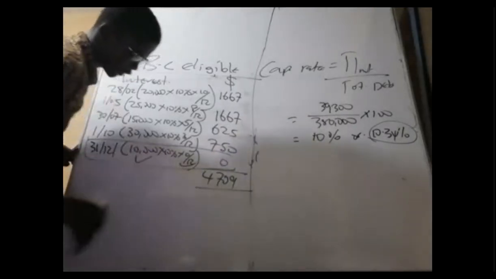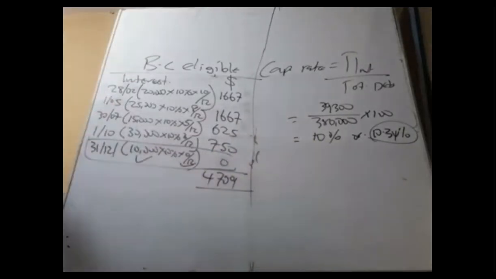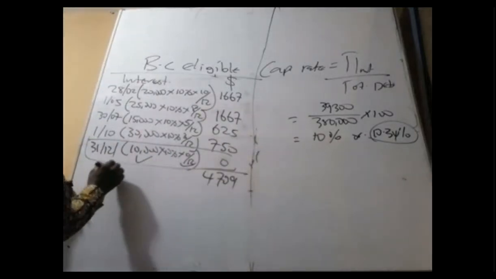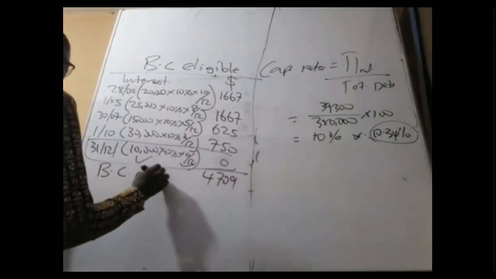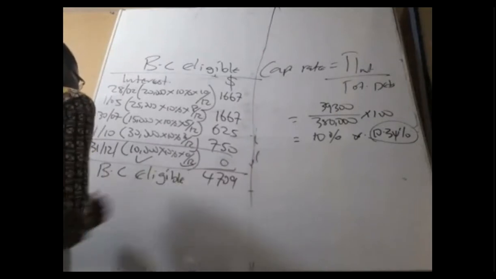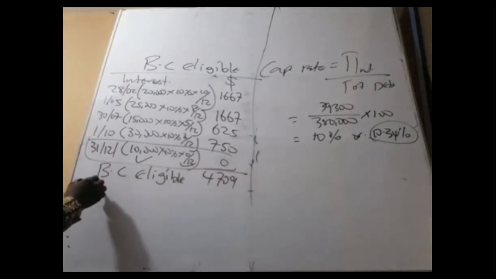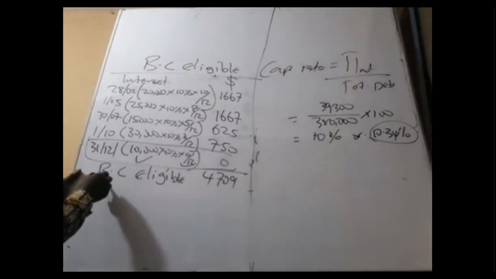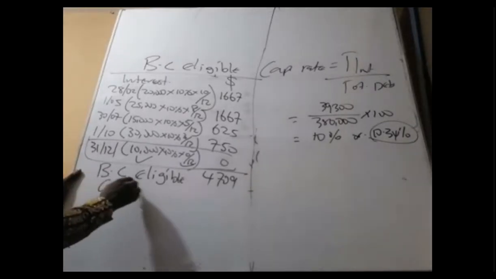Total cost of equipment. So this becomes the total, no shortcuts. Borrowing cost eligible for capitalization. Add the cost here to the construction cost, not the loan amount.